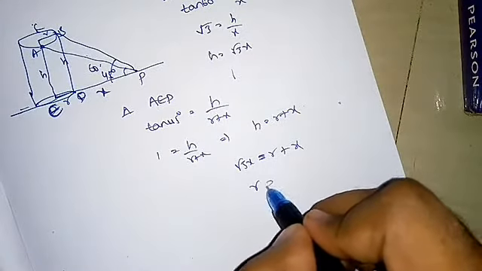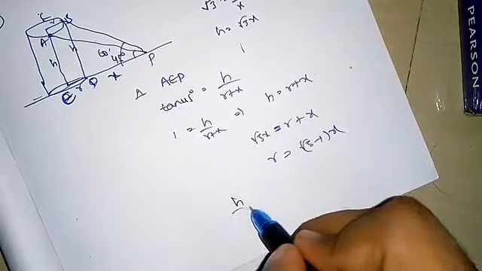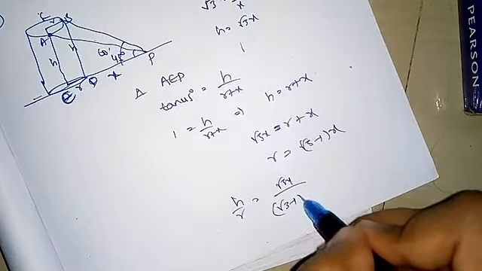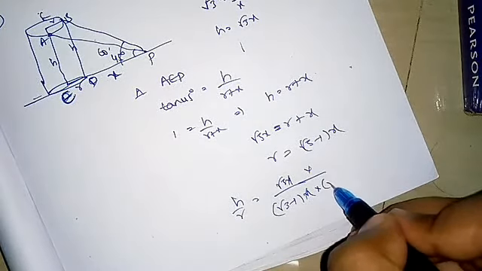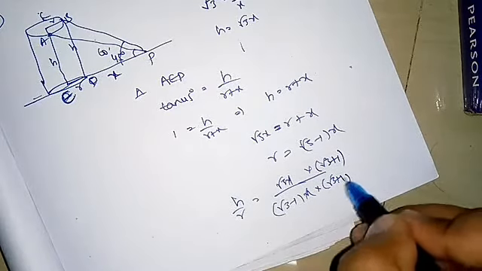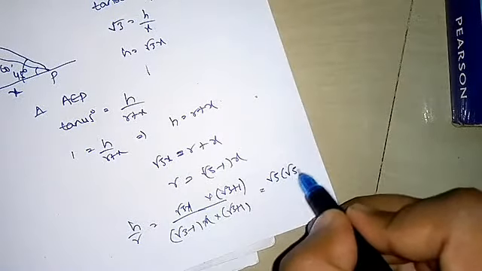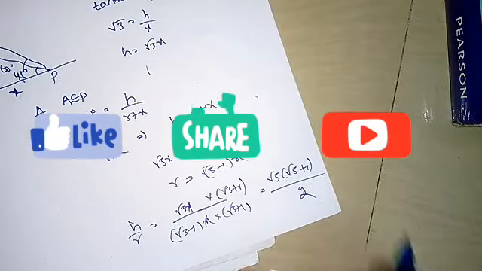Therefore r is equal to root 3 minus 1 times x. Therefore h by r is root 3 x by root 3 minus 1 times x. You can cancel x and x and multiply numerator and denominator with root 3 plus 1, which gives root 3 into root 3 plus 1, and 3 minus 1 is 2. That's it.